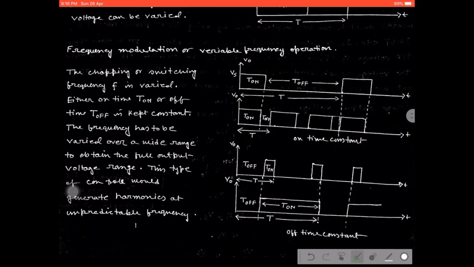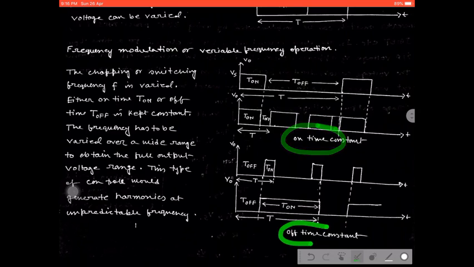So if we consider the frequency like before, in the first case one pulse is there, and now we will get 3 pulses. That is called frequency operation or frequency modulation. This is keeping on time constant.